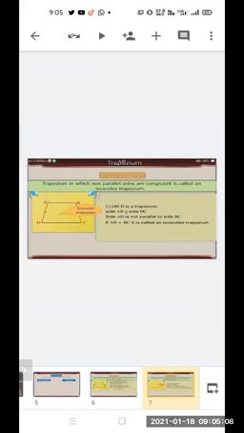Then we discussed the isosceles trapezium. Isosceles trapezium means what, children? The trapezium in which the non-parallel sides are congruent. So here side AD is congruent to side BC. You can look at the figure. So a trapezium in which the non-parallel sides are congruent is called an isosceles trapezium.